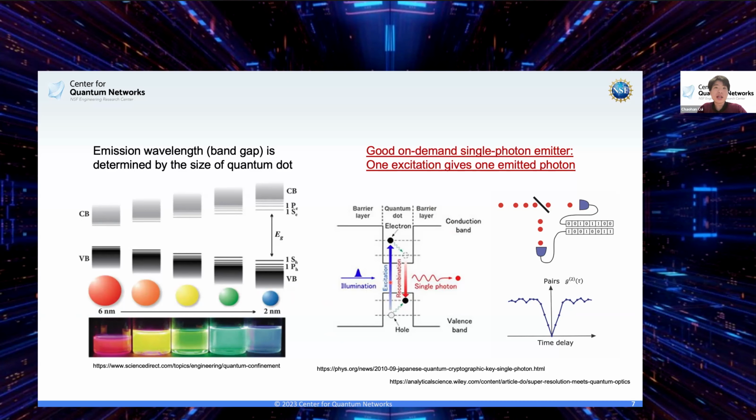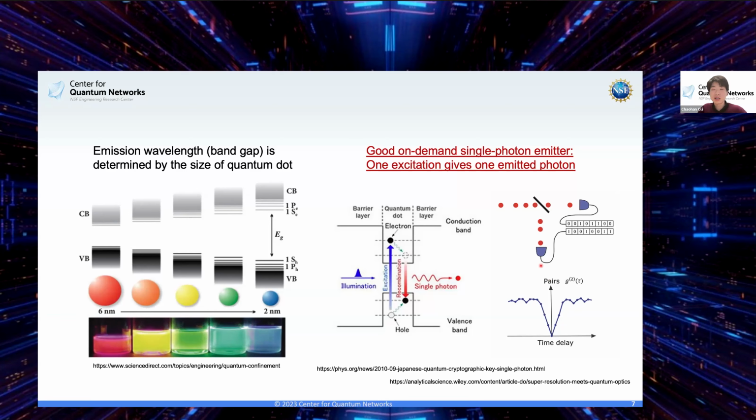Because the size of the quantum dot is very small, there's a strong Coulomb interaction, so if you have two electrons inside, they will fight with each other. That means if you electrically or optically pump your quantum dot, you can only excite one electron-hole pair. When they recombine, they will directly emit exactly one single photon.